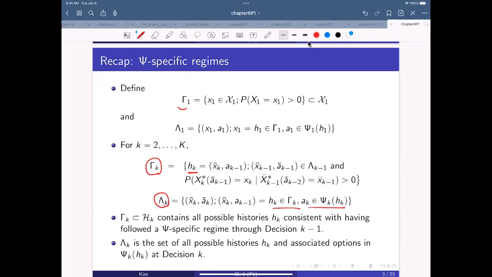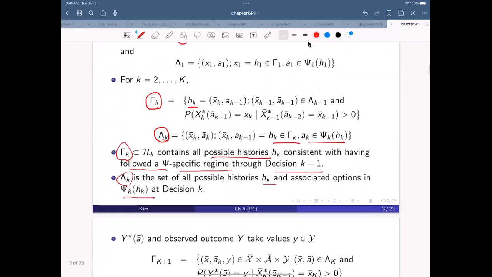So gamma k contains all possible histories consisting of having followed the precise specific regime through decision k-1, and lambda k is the set of all possible histories and associated options in psi k of hk at decision k.